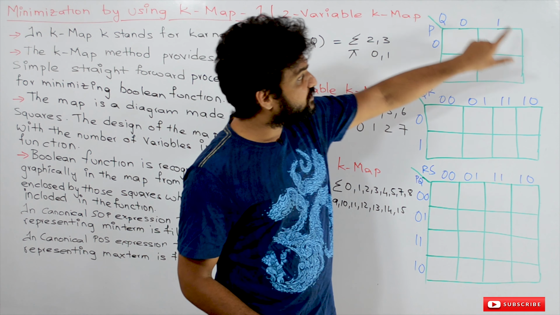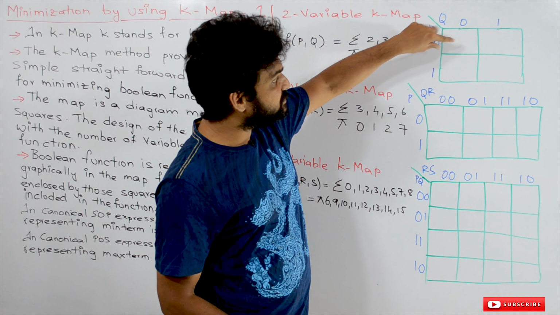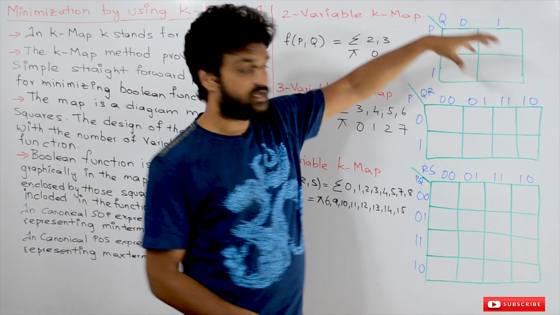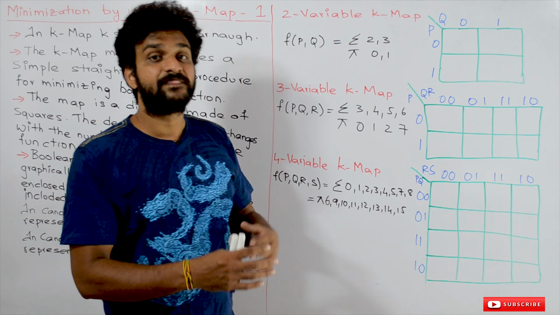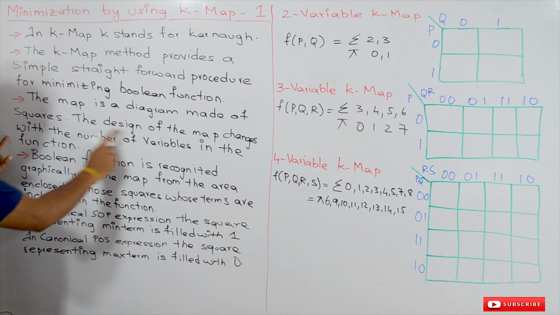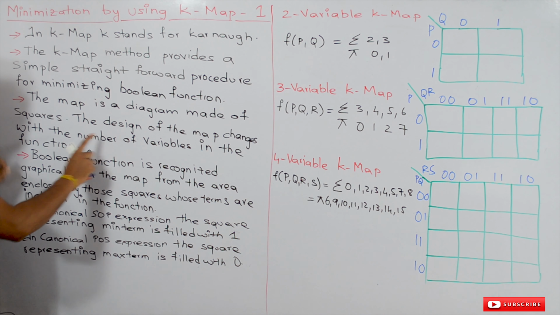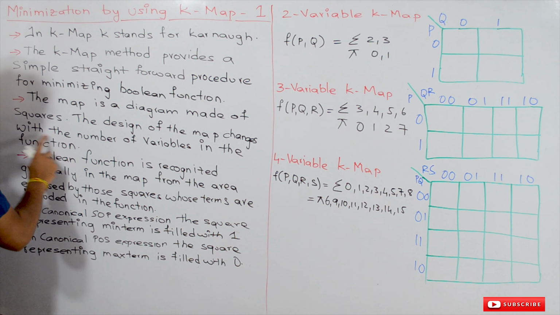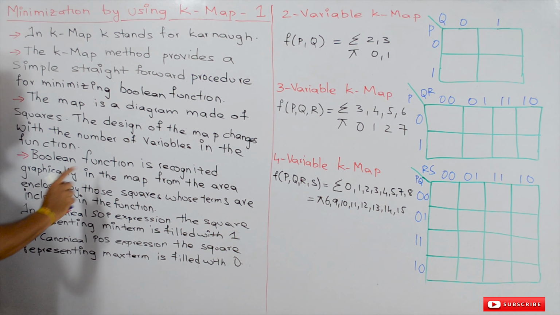The design of each K-map is based upon these squares, and each K-map has its own set of squares. The design of the map changes with the number of variables in the function.